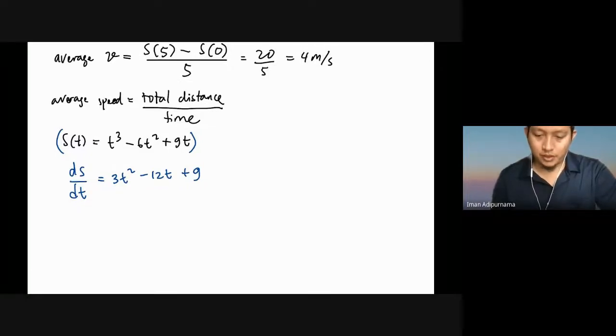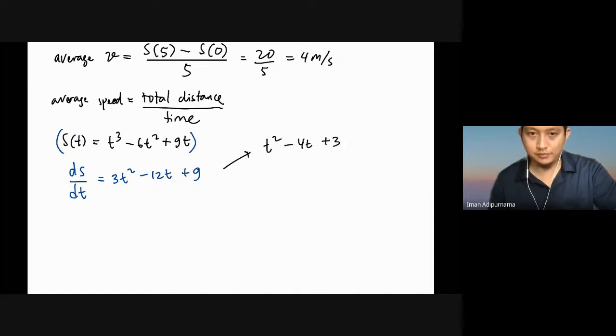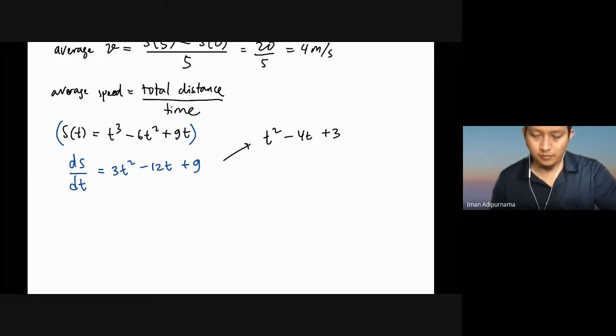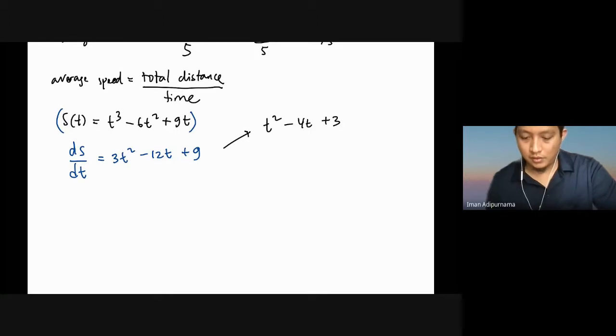We can also write this as t squared minus 4t plus 3, and factorize it: (t minus 1)(t minus 3).